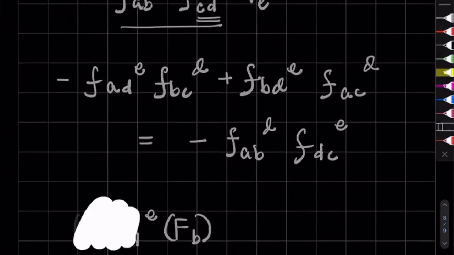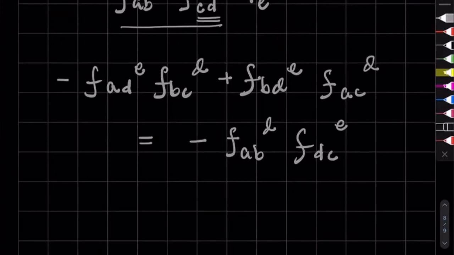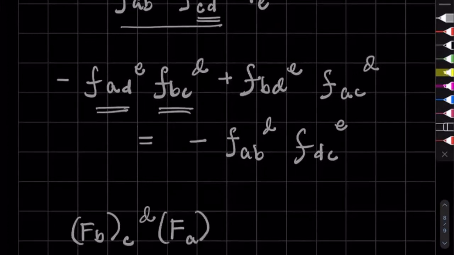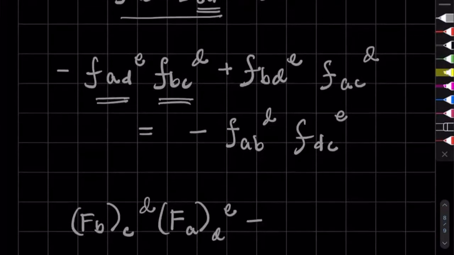So this thing is f_B, its CD element, and this one, it's f_A, DE element, and then we have a minus sign. We have f_A, its CD element, this is this thing.